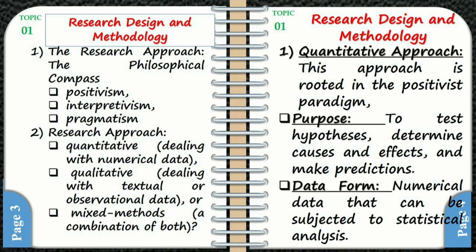I look at each of these terms when I consider the kind of data I want to collect so that I can explain what is positivism and pragmatism. When I'm dealing with the quantitative approach, this approach is rooted in the positivism paradigm, which posits that social reality is objective and measurable.